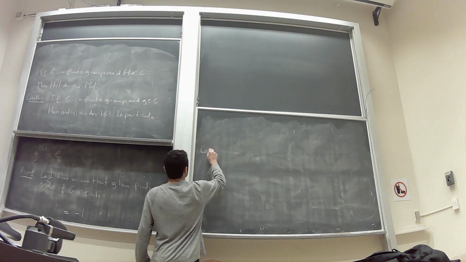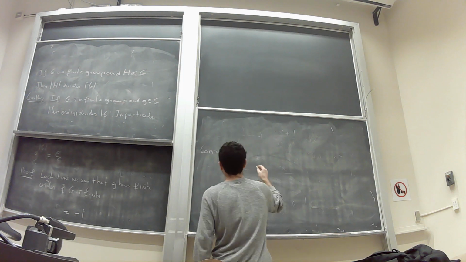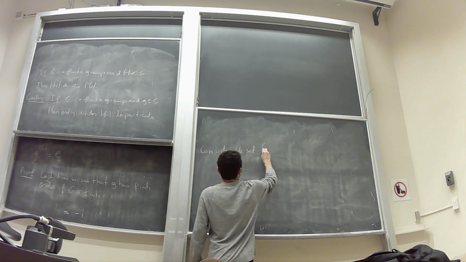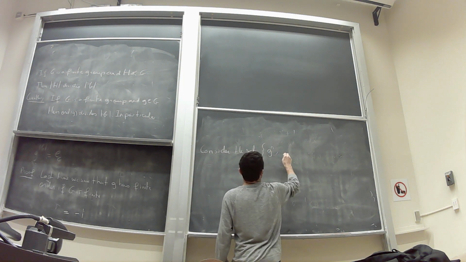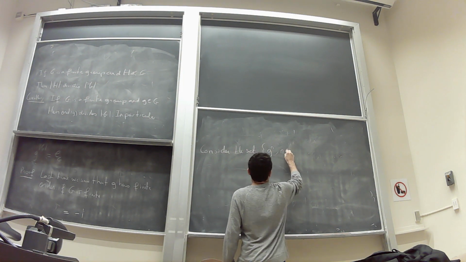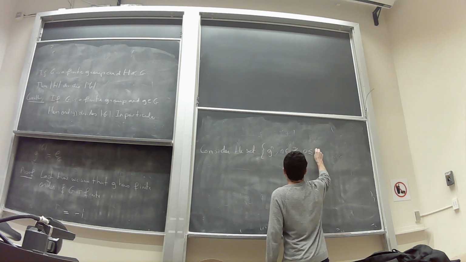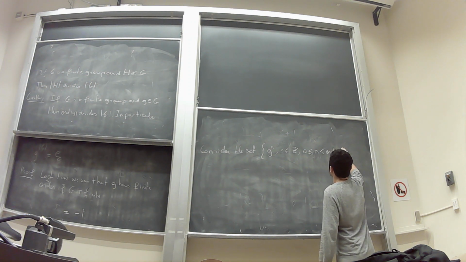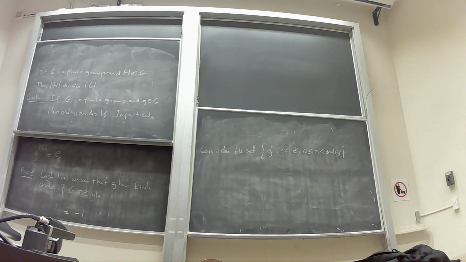So consider the set of g to the n, where n is in Z and n is strictly between 0 and the order of g.